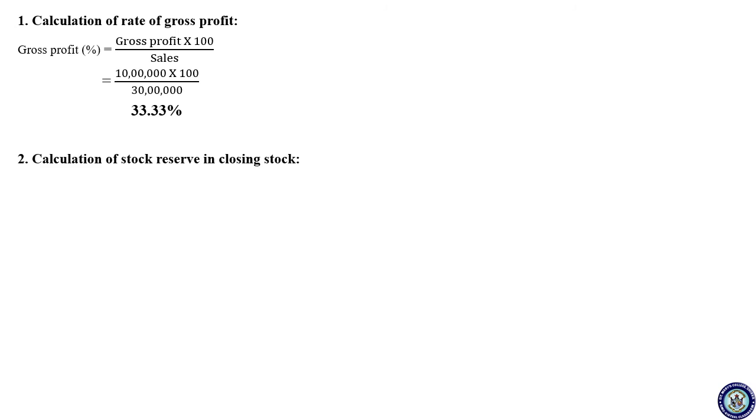So second working note, that is the calculation of stock reserve in closing stock, or closing stock reserve. So you have to take the closing stock of B, that is the transfer value, not the entire closing stock.